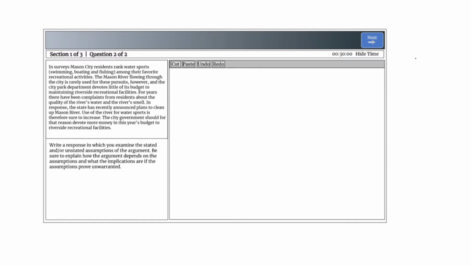Just to take one more line, let's look at the second one. The Mason River flowing through the city is rarely used for these pursuits, however, and the city park department devotes little of its budget to maintaining riverside recreational facilities. So that second half probably doesn't seem off to some of you. Oh, they're only devoting a little of their budget to maintaining this place. We probably should increase that.